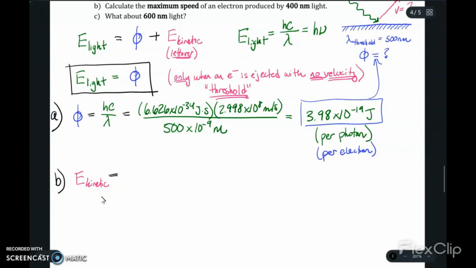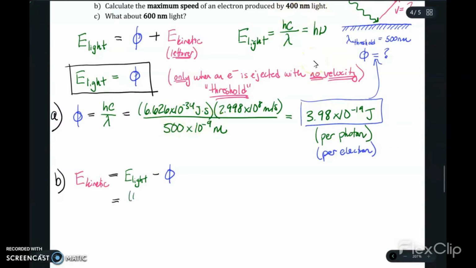So the kinetic energy is going to end up equaling the energy of the light striking the surface minus the work function. Okay? Now, our energy of our light coming in this time is going to use the exact same equation, but our wavelength is different now. It's not 500 nanometers, it's 400 nanometers.